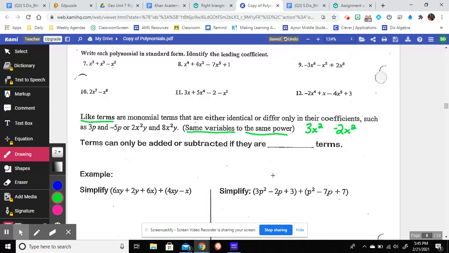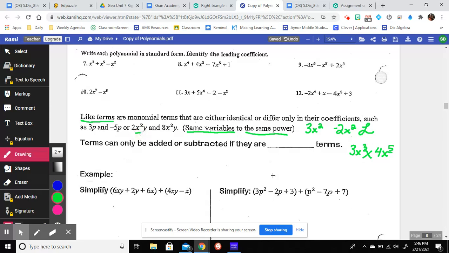So these two are like terms. But if I had 3x to the third and 4x to the fifth, those are not like terms because one is to the third power and one is to the fifth power. Now, if you look at this second one here, you can have letters that are different, but they have to be exactly the same.